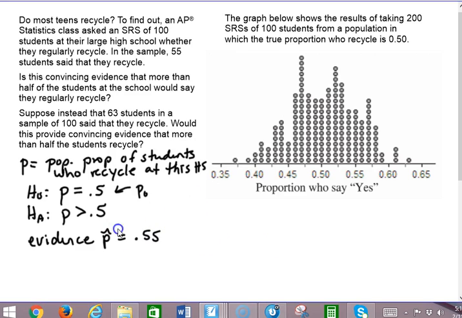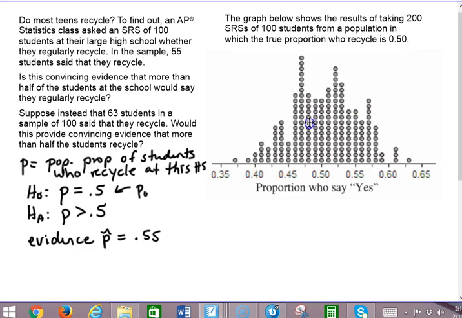Well, you know enough by now to know that samples vary from one another, and we need some basis of comparison. So to do this, we made what is called a sampling distribution. This is a graph of 200 simple random samples of 100 students from a population in which the true proportion who recycle is 50%.